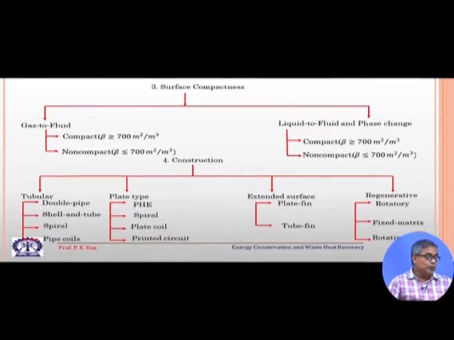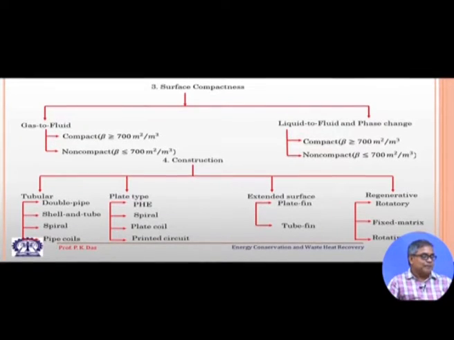I am not going to describe them in detail now, because I am going to show you some photographs. Then there could be a spiral heat exchanger, or a pipe coil heat exchanger. This is if the main construction is tubular, and many of them are relevant for waste heat recovery purposes.